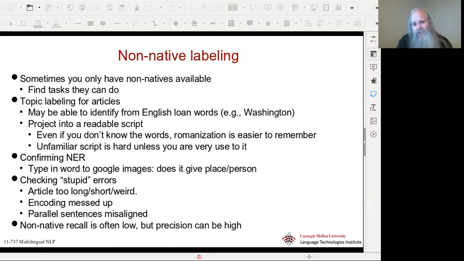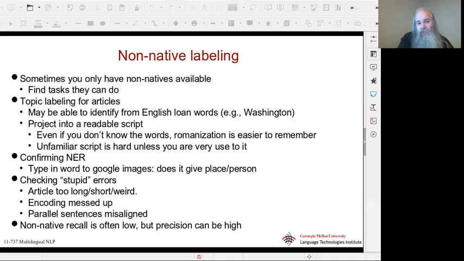You can do confirmation of named entities. So one of the things that we did, which is very successful, is like, here's a labeled named entity, is it a named entity? And what you do is you put it into Google Images and you have a look at the images. If a picture comes up of a person multiple times as the same person, it's probably a person name. If a picture comes up of a building or of a park or of clearly a cityscape, then it could be that that's the name of a city or a town.